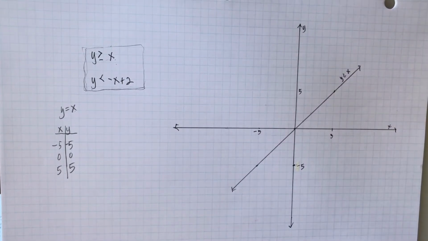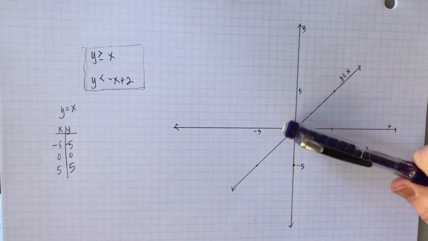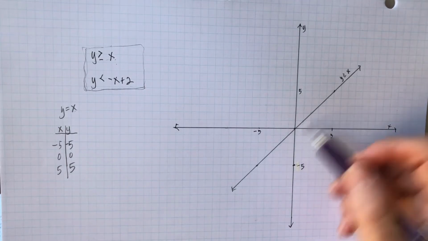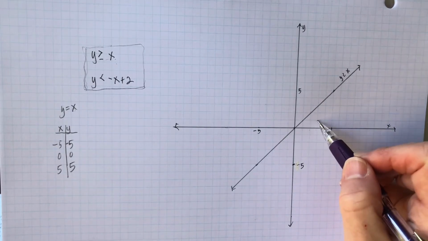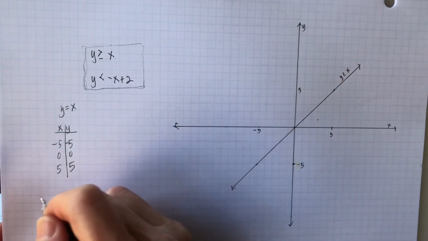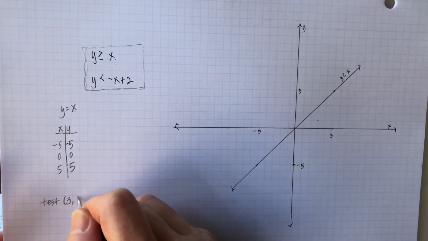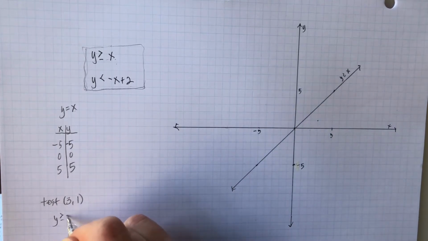And now we have to say, where are we going to shade that line? So my instinct is telling me y is greater than or equal means it's going to be above because it's greater than. If I want to be absolutely sure and check that out, I can do that by testing a point that's not on the line. So let's test the point 3, 1 right there. So we're going to test 3, 1 in the inequality y is greater than or equal to x.